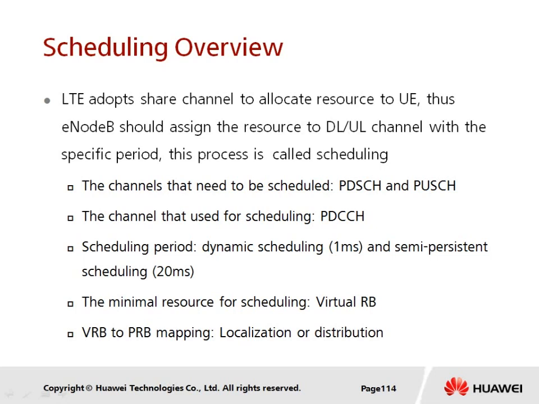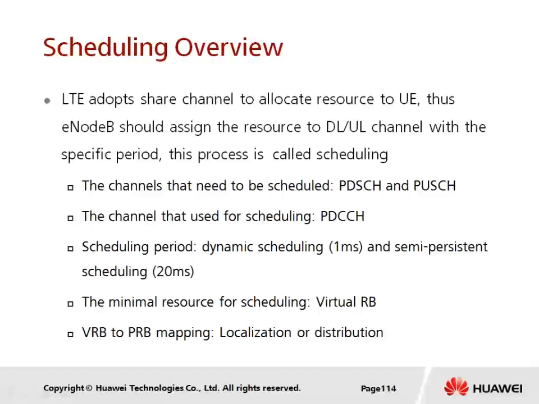These two channels adopt a shared channel concept where the resource will be allocated to the user via a scheduling algorithm. The users will be allocated the resource of these channels within a specific period according to a specific criteria. The channel which is used to inform the user about the scheduling result is called PDCCH.